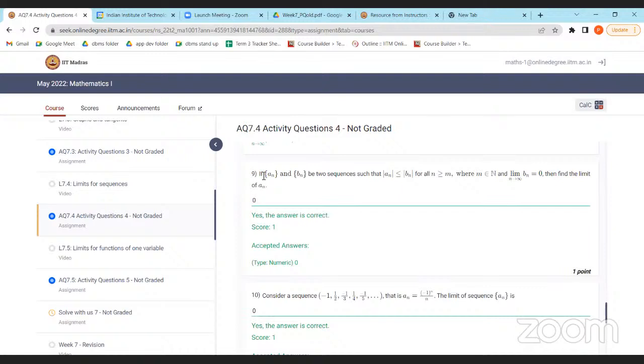Okay, so in question 9, if a_n and b_n are 2 sequences such that, where n belongs to natural numbers, and limit n tends to infinity of b_n equals 0, find out the limit of a_n. Tell me how to do that.